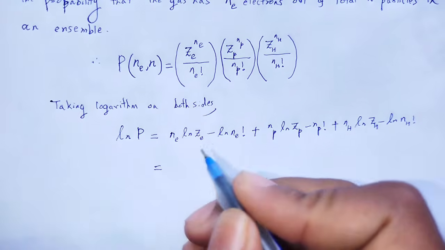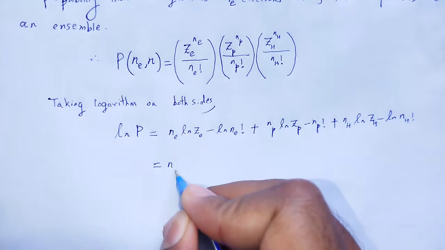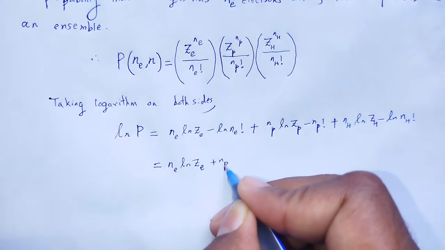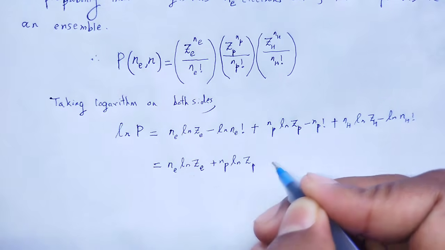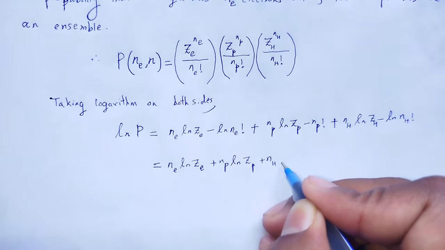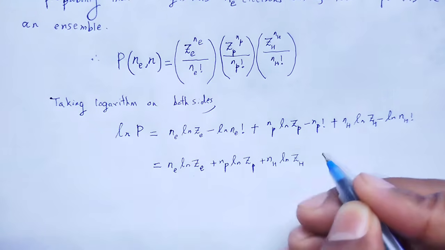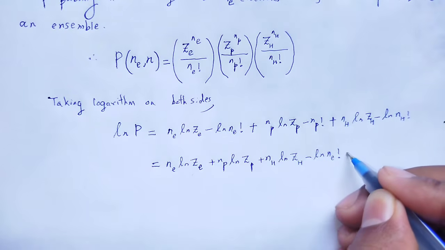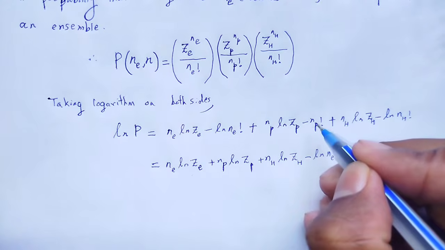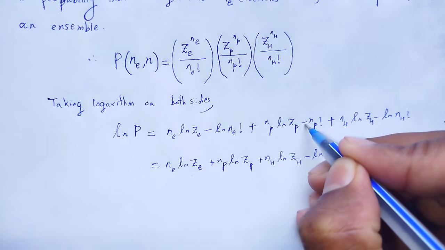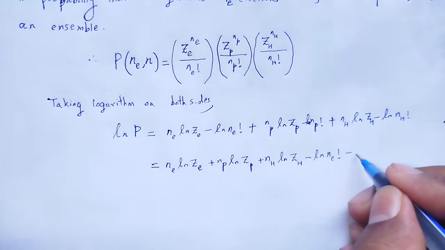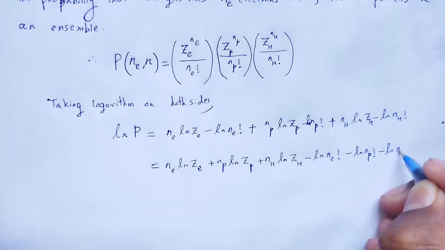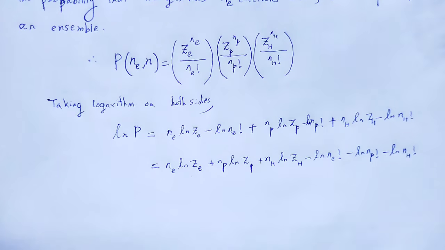Rearranging the terms as N_e ln Z_e plus N_p ln Z_p plus N_h ln Z_h minus ln N_e factorial minus ln N_p factorial minus ln N_h factorial.